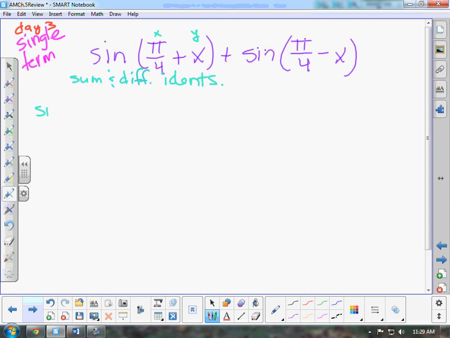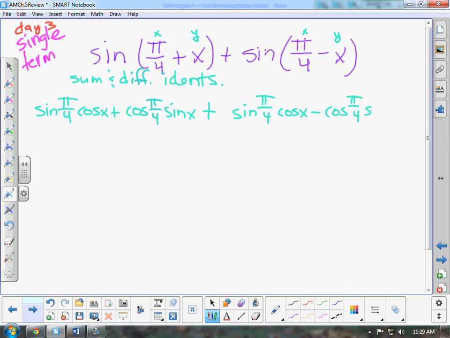And so you would have sine of pi over 4 cosine of x plus cosine of pi over 4 sine of x, plus, and then for sine of pi over 4 minus x, there's your x, there's your y, sine of pi over 4 cosine of x minus cosine of pi over 4 sine of x.